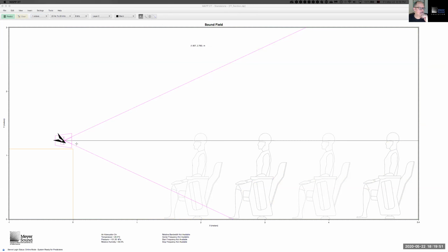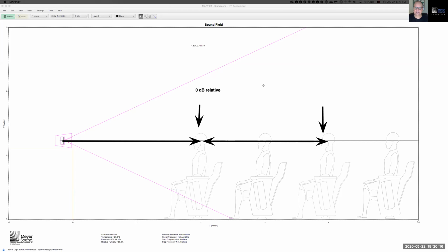Which means that if we go to the first row and we refer to that as 0 decibels, which we get to do, that is our prerogative. If we call this 0 dB relative, then we get to double our distance once, which is saying we get to go from 2 meters to 4 meters. And by the time we are at 4 meters, we will have lost 6 decibels because we doubled the distance.